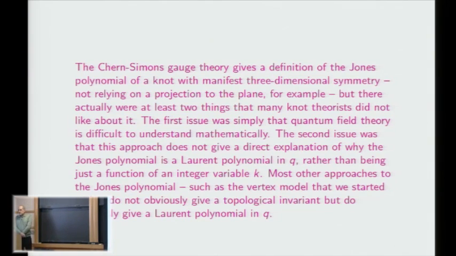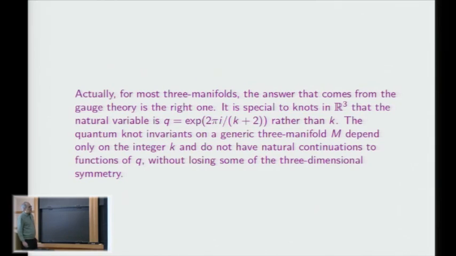Most other approaches to the Jones polynomial, like the vertex model that we started with, do not obviously give a topological invariant, but they do obviously give a Laurent polynomial. Now, for most three manifolds, the answer we get from the gauge theory is believed to be the right one.